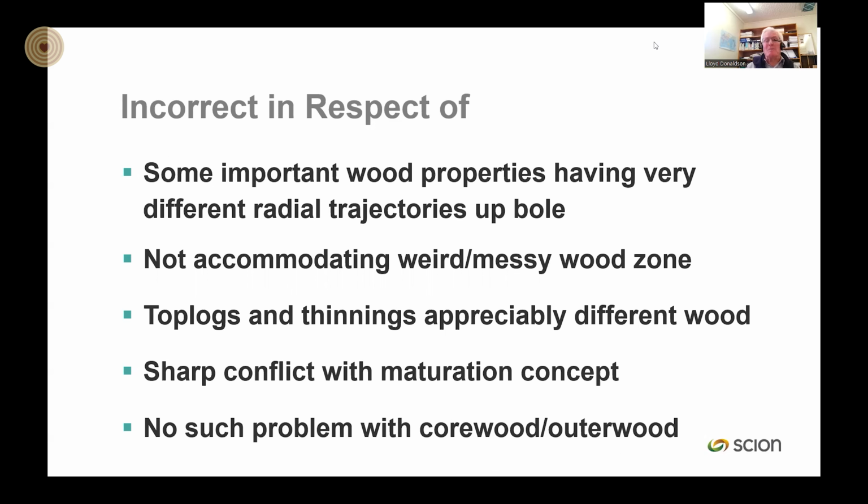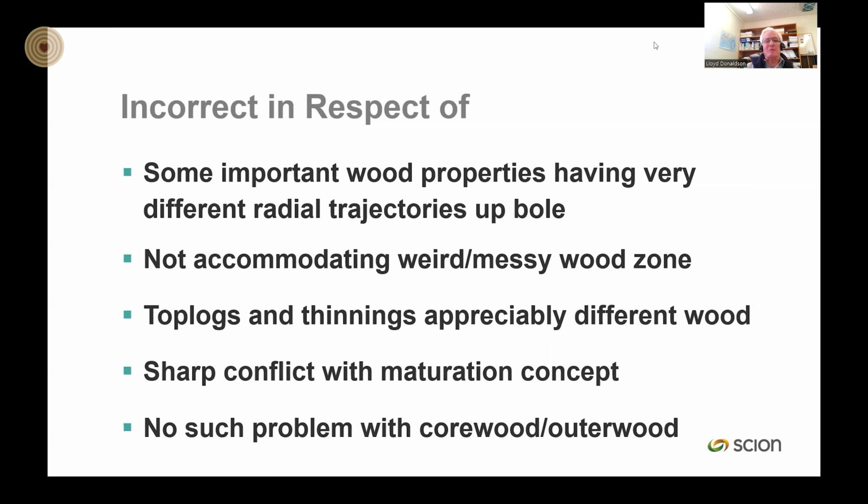First of all, some important wood properties have very different radial trajectories up the bole. These include microfibril angle and modulus of elasticity in relation to density, and fiber coarseness, grain spirality, and even grain waviness.